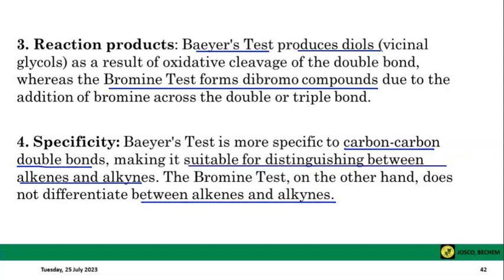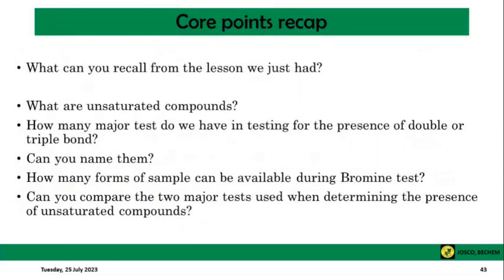Okay. As a way of recap, let us ask ourselves some simple questions. Can you explain what unsaturated organic compounds are? How many major tests do we need to do when we want to test for the presence of a double or a triple bond, that is the carbon-carbon bond?